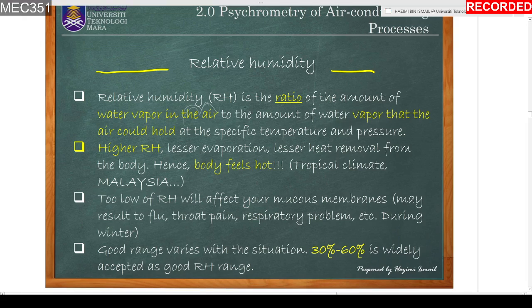Relative humidity, or sometimes I put it in the short form RH, is the ratio of the amount of water vapor in the air to the amount of water vapor that the air could hold at that specific temperature and pressure.